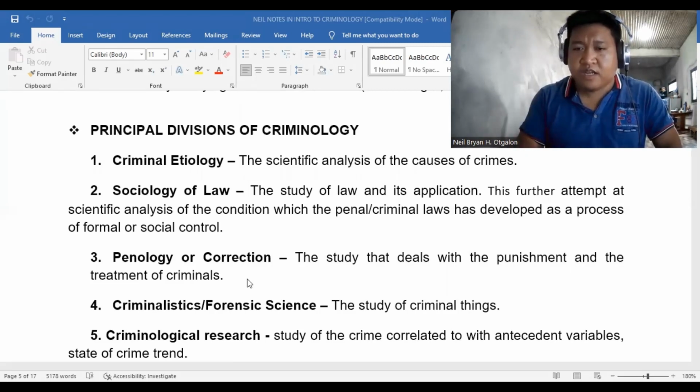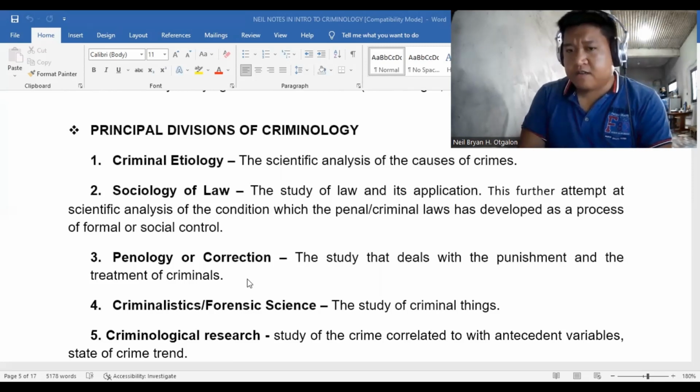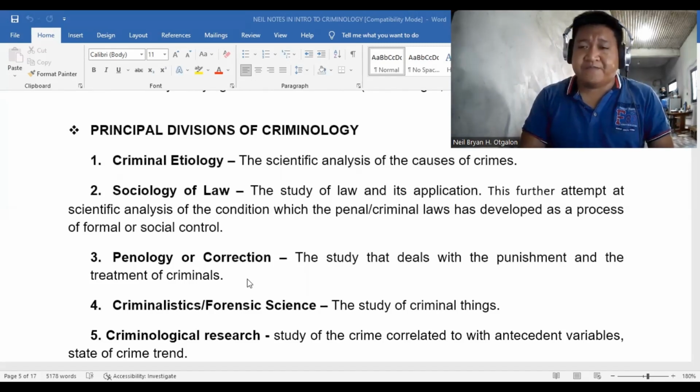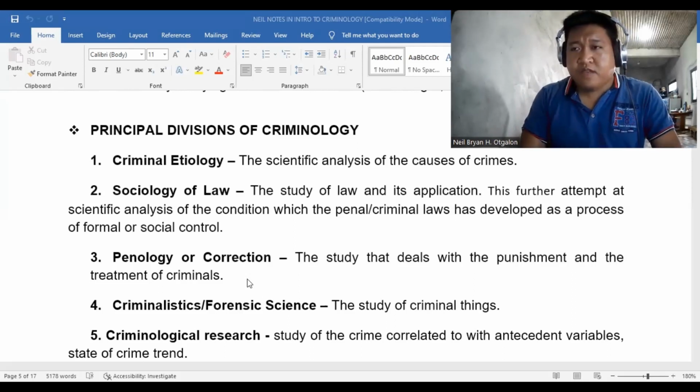This is the study that deals with the punishment and treatment of criminals. So penology, came the word penal or penalty, no? So pag penology, you study what are the proper approaches and treatment to criminals so that after they serve their sentence, then they will now be a better person.